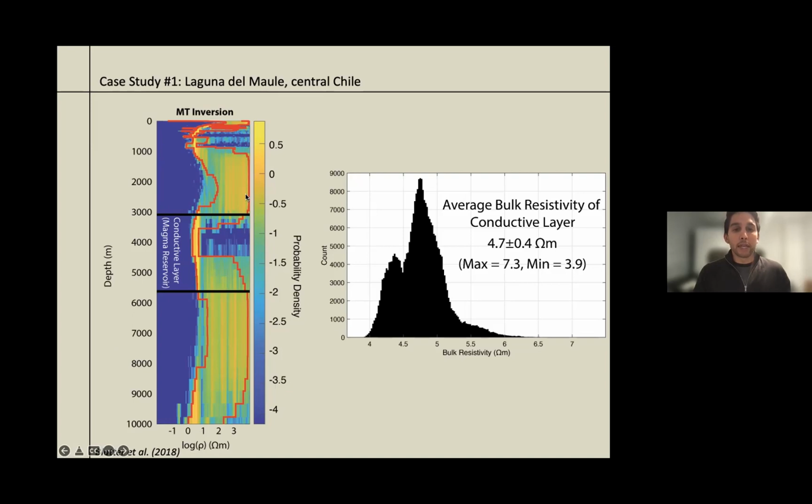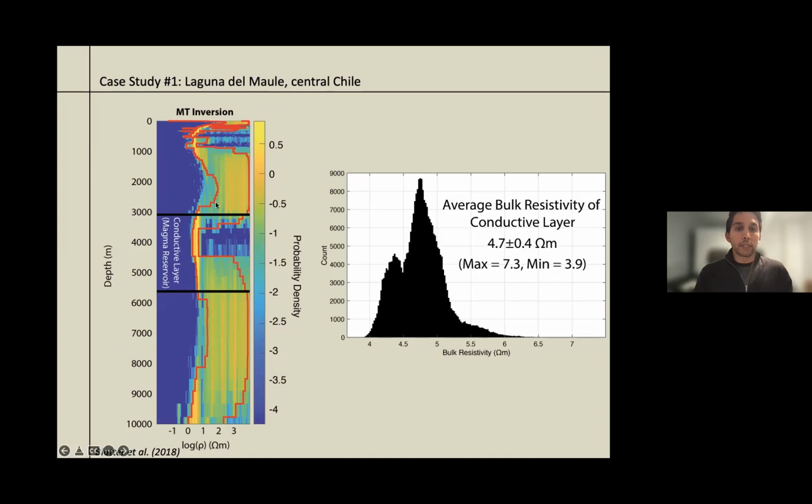So instead of just giving a single answer, it gives a distribution of models that all fit the MT data equally well. And so this is an inversion of a site just right above the inflation center. And what you can see here is that there's a conductive layer that's relatively well defined here with bright colors indicating higher probability.